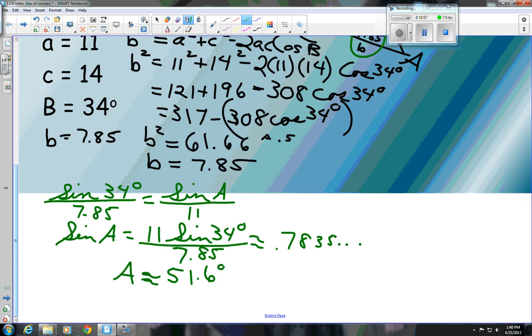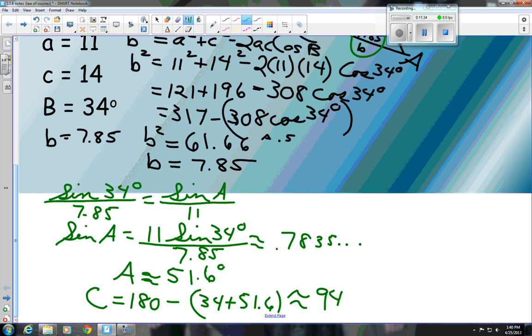So to find C, I know two angles. I know all three have to add to 180. 34 plus 51.6. I got 94.4.